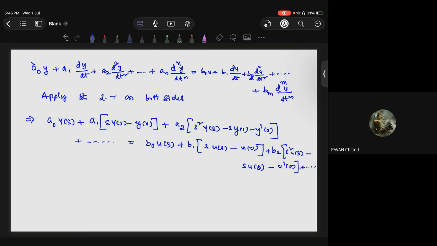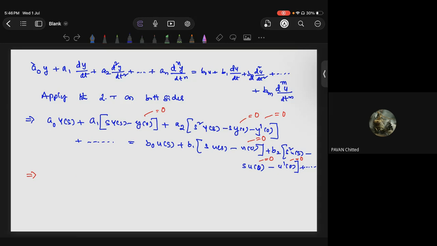Now we already took the assumption that all initial conditions are zeros. So when you take all initial conditions as 0, I can write it after removing all the initial conditions.